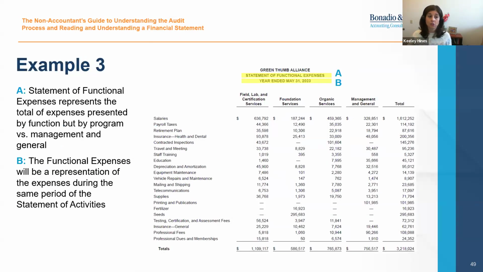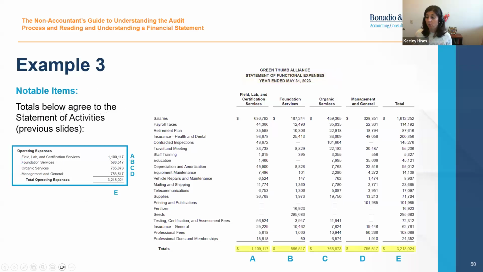Okay, moving on to the statement of functional expenses. So again, remember that this is the representation of the total expenses broken out by program. So on your statement of activities, you had just these totals.